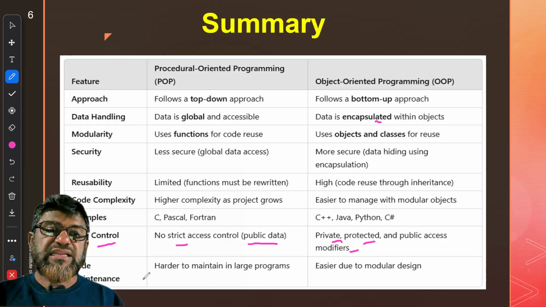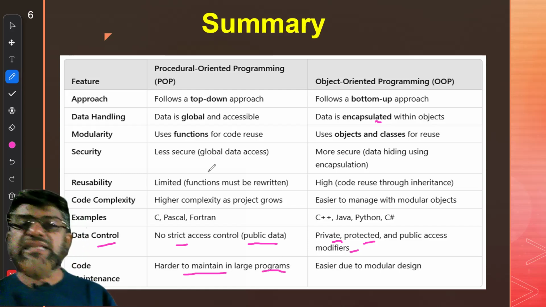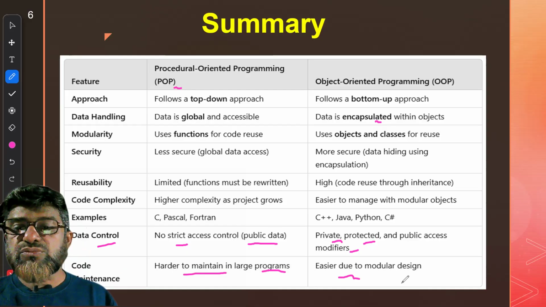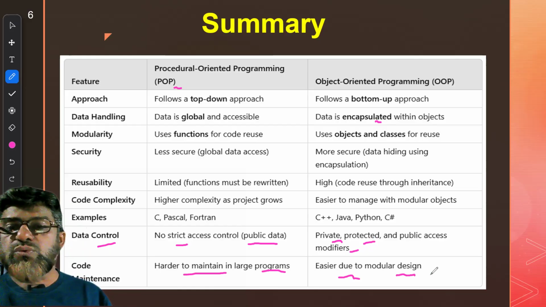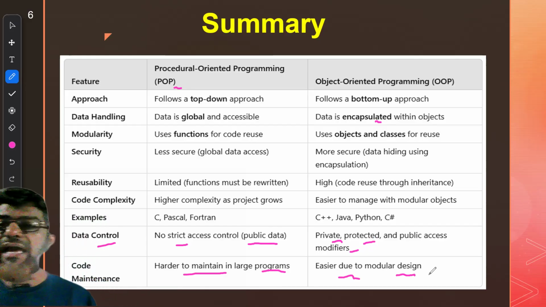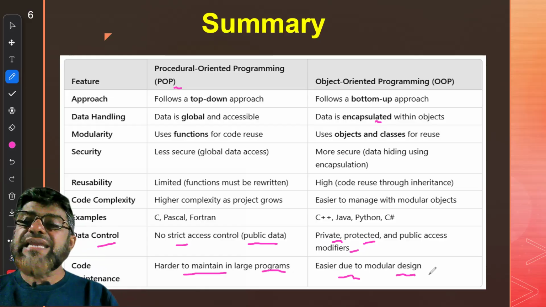And finally, code maintenance. In POP it is harder to maintain code in large programs, so we can use it for small programs. OOP is easier due to modular programming. With it we can construct many AI models, deploy them, make graphical applications and many more.